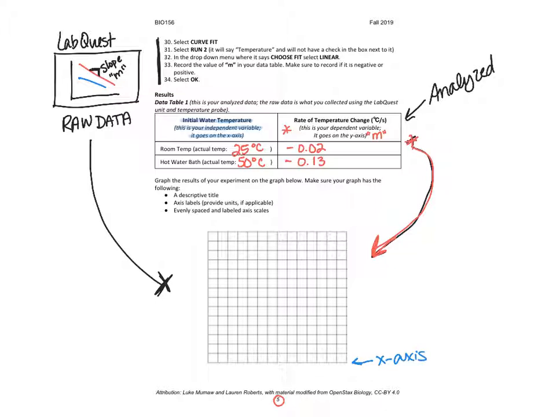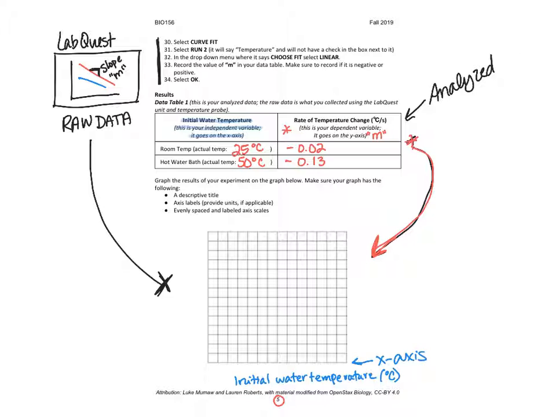First of all we're going to put a label because we need to know what this axis means. We're going to write initial water temperature, and we're going to put the unit in parentheses: degrees Celsius.